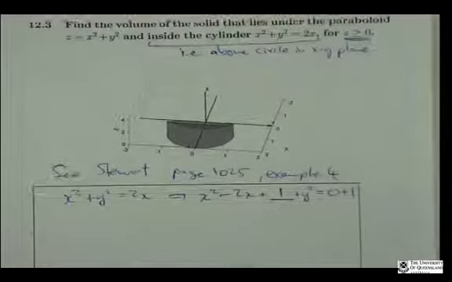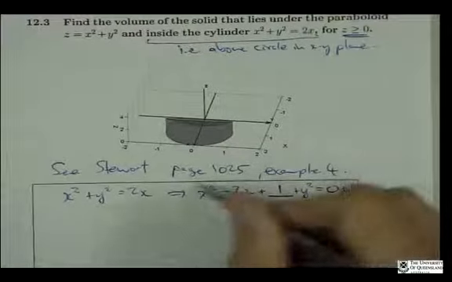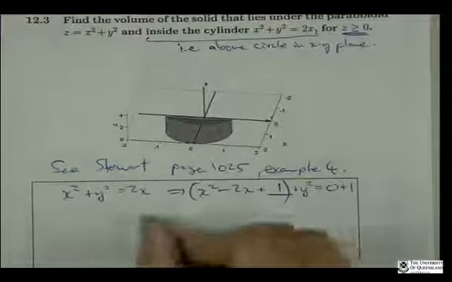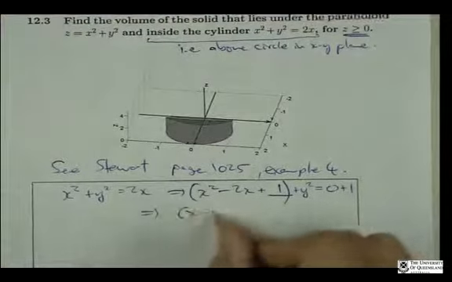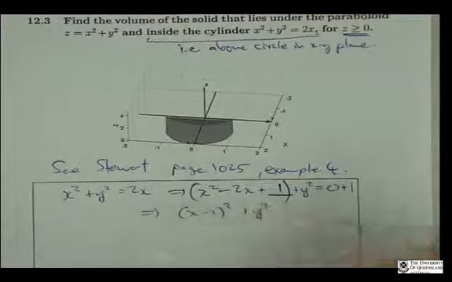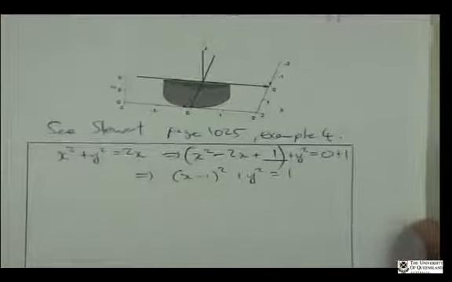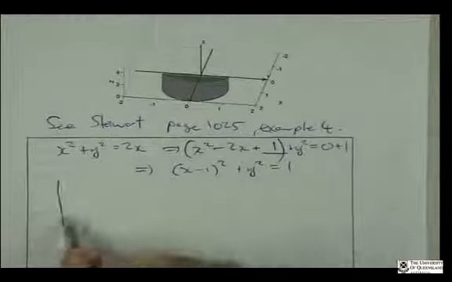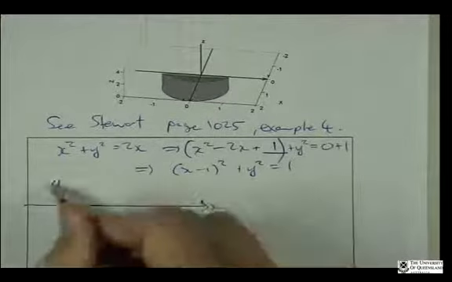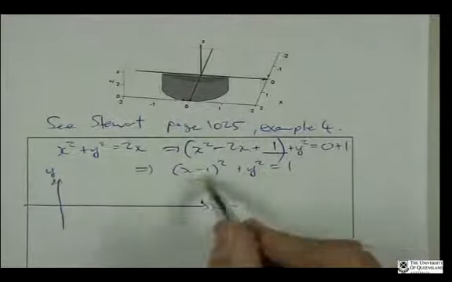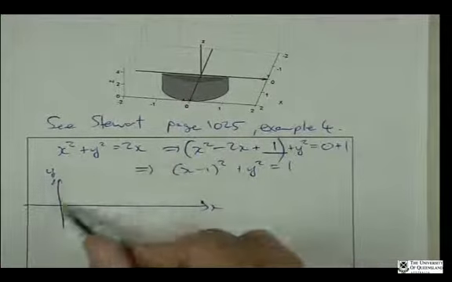If I add 1 to both sides, I complete the square, because then that just becomes x minus 1 all squared plus y squared equals 1. So now we can easily identify that as a circle in the xy plane, but centered at x equals 1, y equals 0.